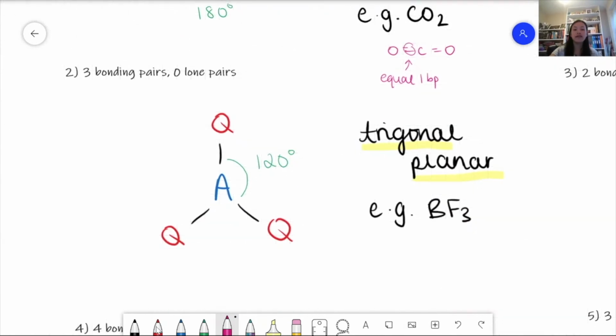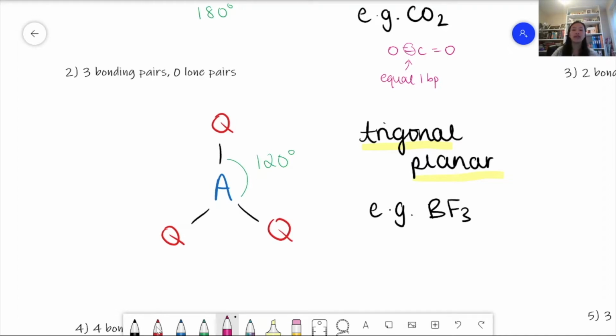So the next few that we're going to look at is when they have 3 pairs of electrons. The first one that you can get is 3 bonding pairs and 0 lone pairs. So you have an atom in the middle and then 3 of the same atom on the outside. And because of electron repulsion theory, they repel each other by the same amount because they're all bonding pairs.